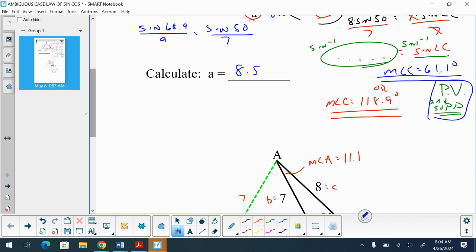Now, when you were in geometry, you went through proving triangles congruent. You did two-column proofs and you proved triangles congruent.